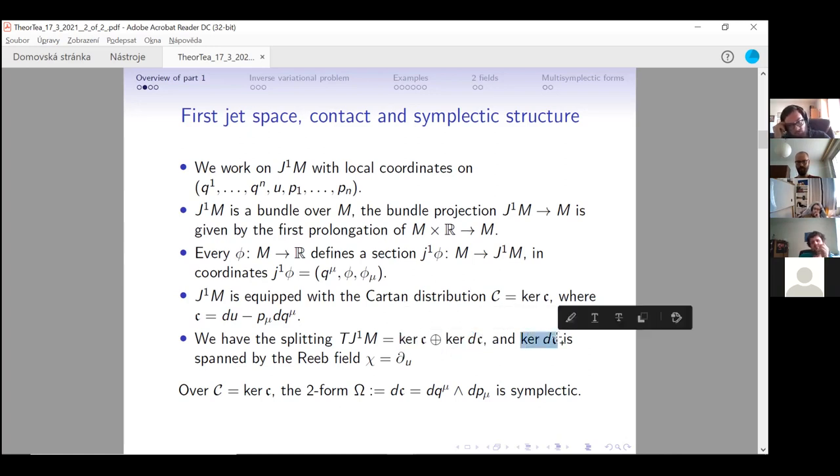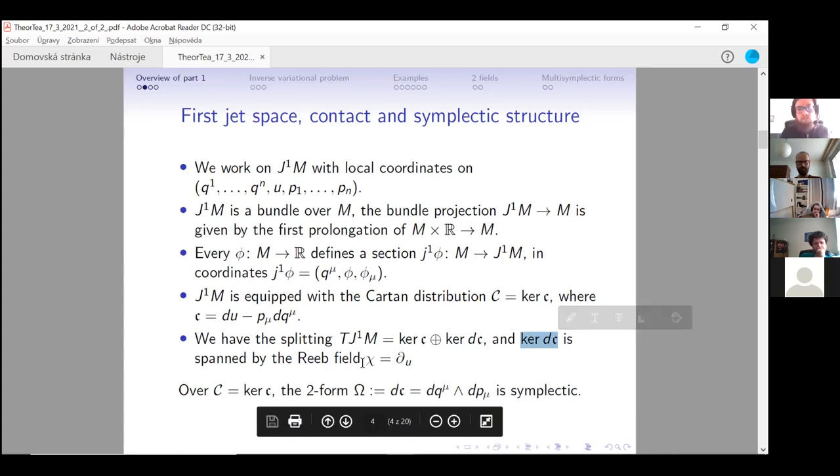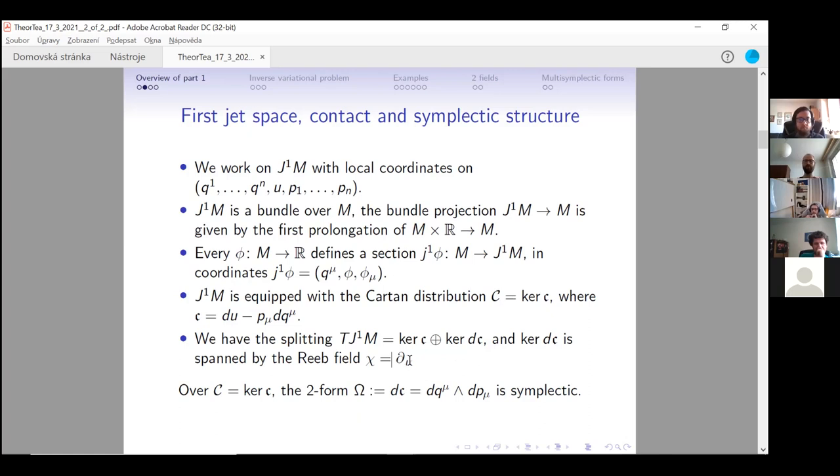Now the one-dimensional subbundle is spanned by the Reeb vector field. This is the main condition: the field lives in the kernel of dC, plus a normalization condition, so we have this nice coordinate expression if we choose coordinates such that the contact form is in this form.